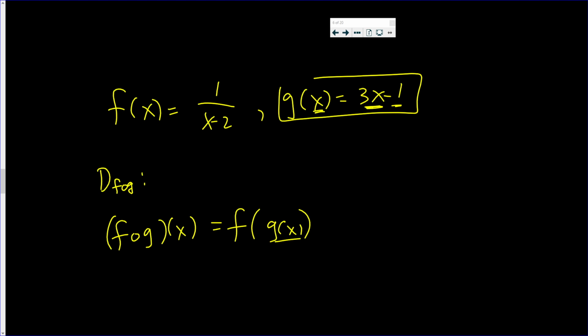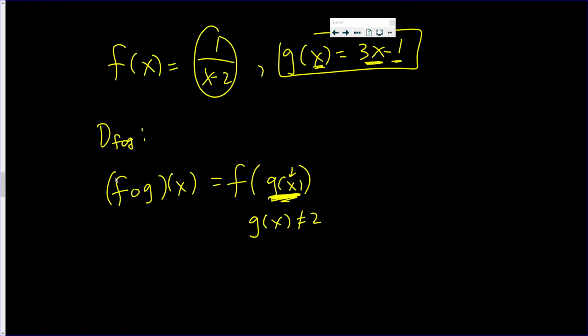There's no trouble there. So that x can be anything. To take g of it, I can take g of anything. But now, I have to take f of this. I can't take f of 2. So, g of x cannot be 2.